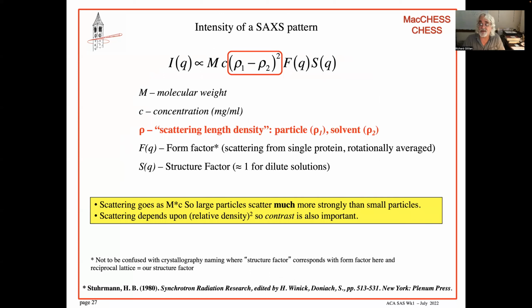Now, contrast. Remember I said there was a term called contrast, right? This is the difference in average electron density of your buffer minus your neat sample, right? So the technical term for that is scattering length density, but really you can think of it as average electron density times a constant.